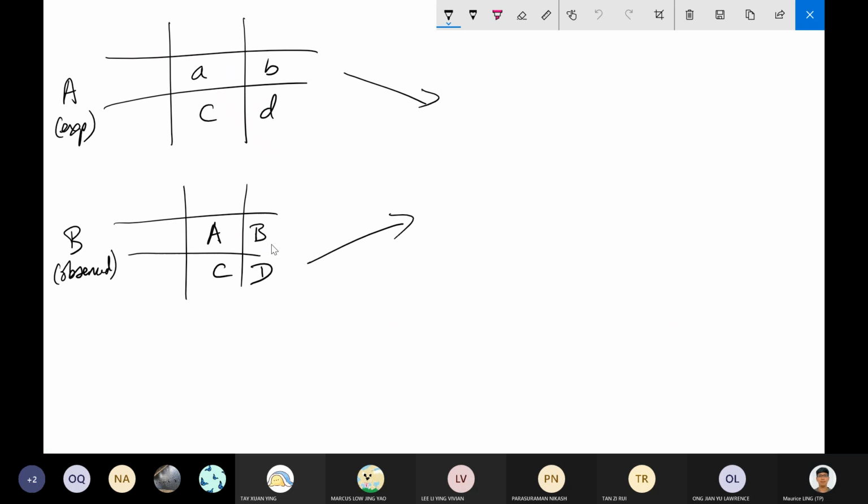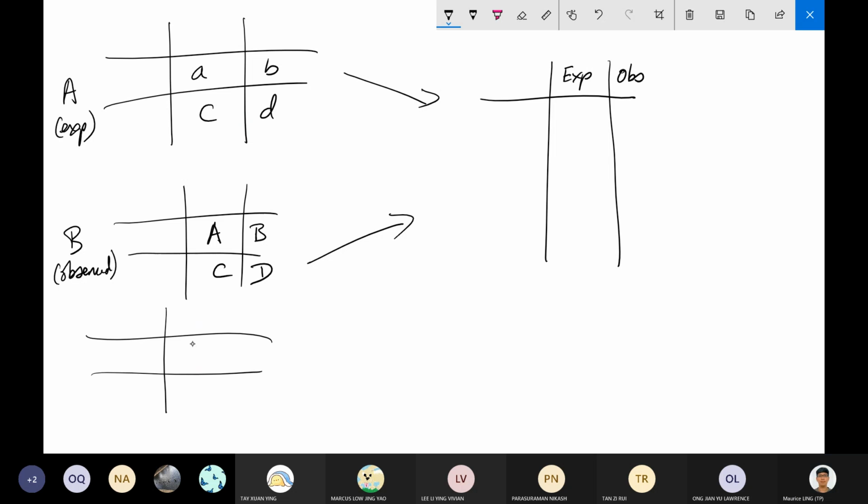What you end up with is the same thing here: your expected and observed. Just that when you compare between two tables, you have to mentally use a third table to overlay across these two tables, which is actually more confusing. This is like a template, the template group. So this is group 1, group 2, group 3, group 4.